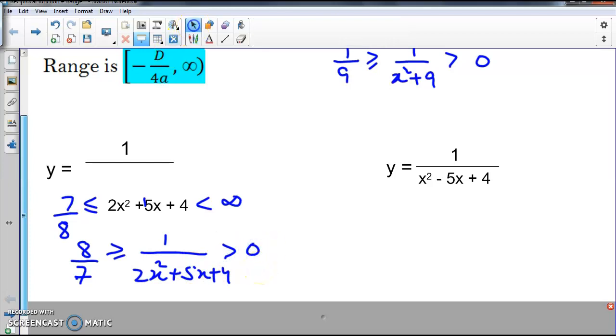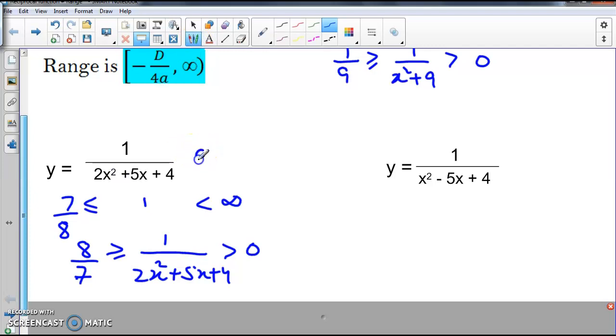So the range of the original function 1 upon 2x square plus 5x plus 4 is 0 to 8 by 7, including 8 by 7 but not including 0.